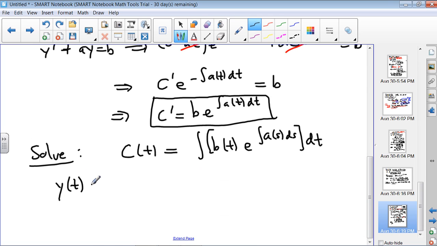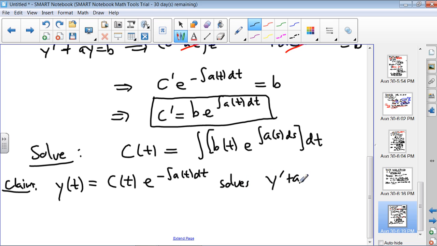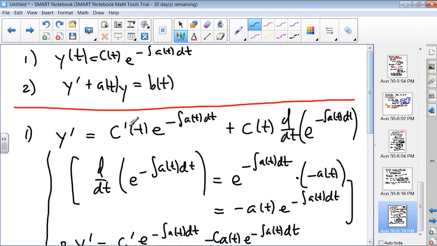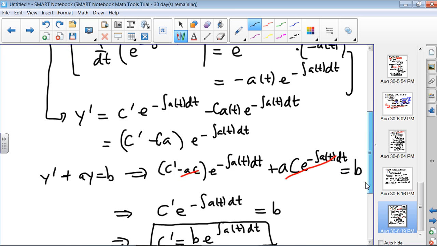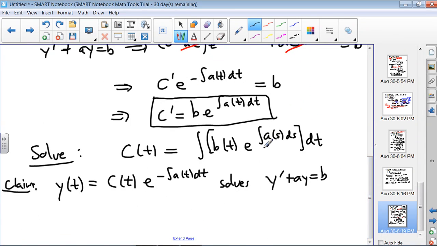We are now claiming that this y of t, c of t e to the negative integral of a of t dt, the claim is that this solves y prime, in other words, the non-homogeneous problem. It shouldn't be a surprising claim because that's exactly what we just did. We plugged this into here, which is already the non-homogeneous part, and we derived our C of t formula. Okay? So it shouldn't be that surprising.